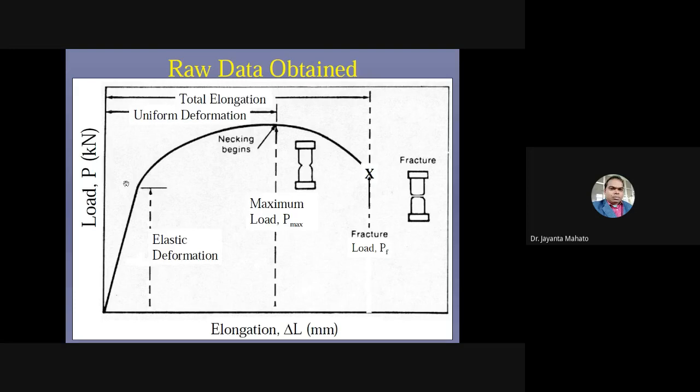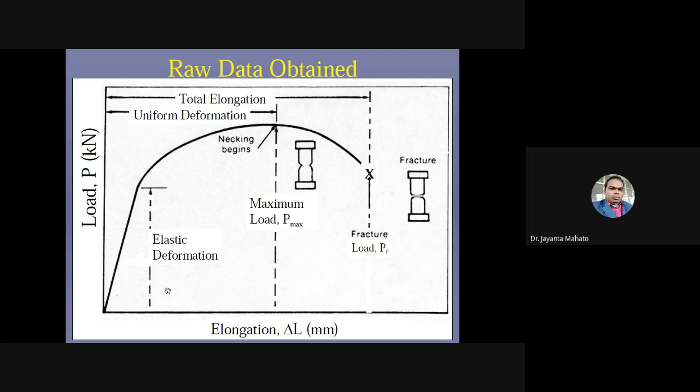Up to this proportional limit, the elongation is called the elastic deformation, and after this elastic deformation, up to the ultimate tensile strength or uniform deformation, this region is called the plastic deformation.